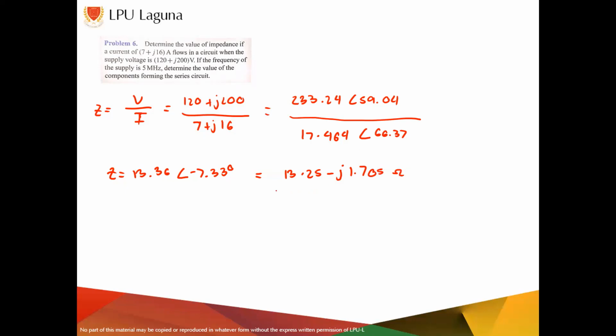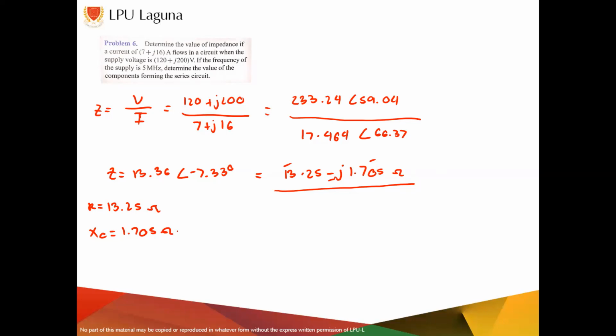So, it is the value of our Z. So, since ang value of R is equals to 13.25 ohms. Ito yung ating R. And this one, since this is negative, it is XC. So, XC is equals to 1.705 ohms.